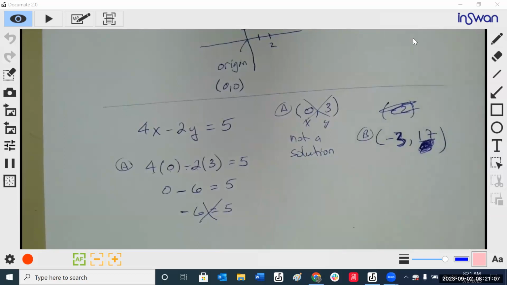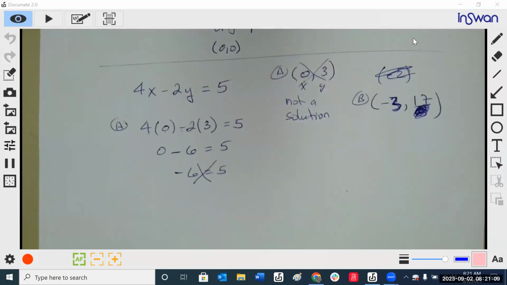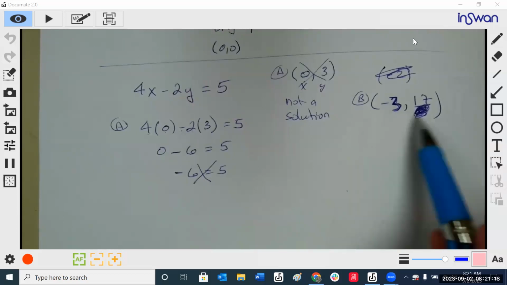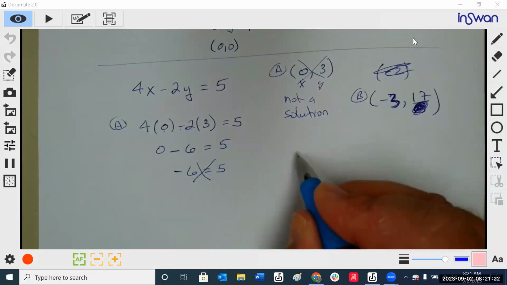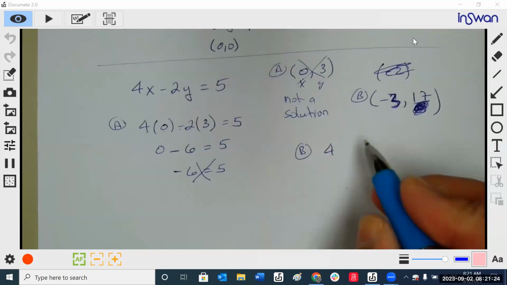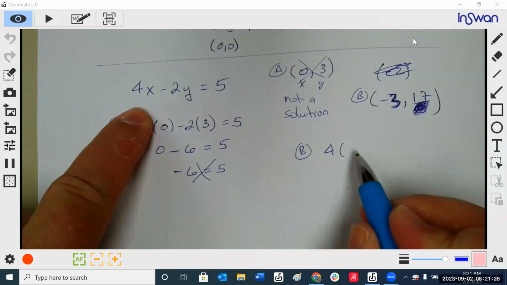A solution is an ordered pair that makes it a true statement. How about this one? So let's try this one. What is X?